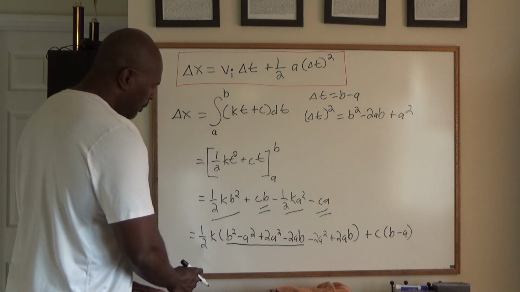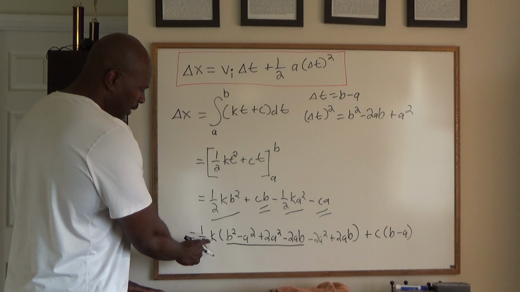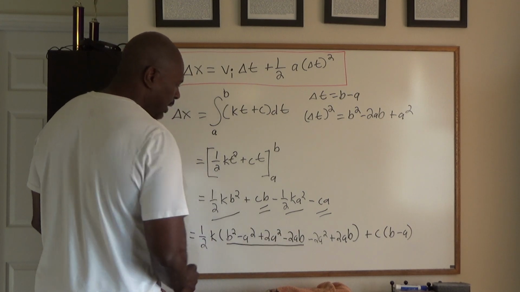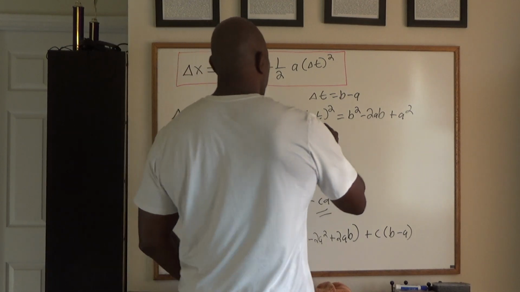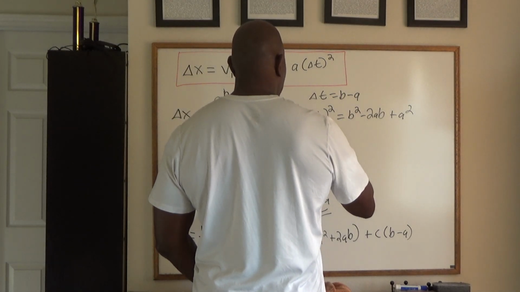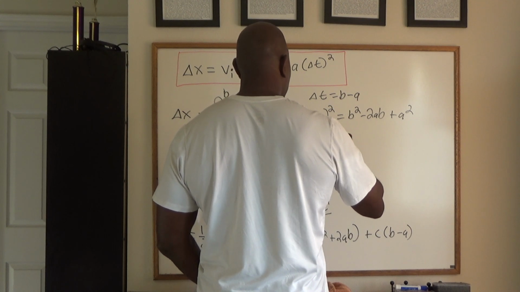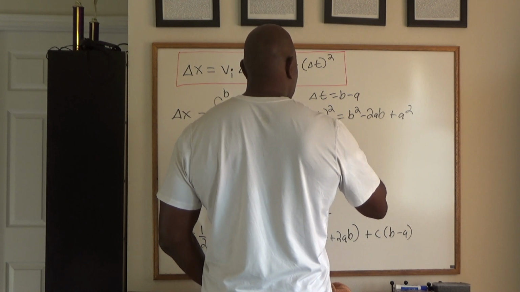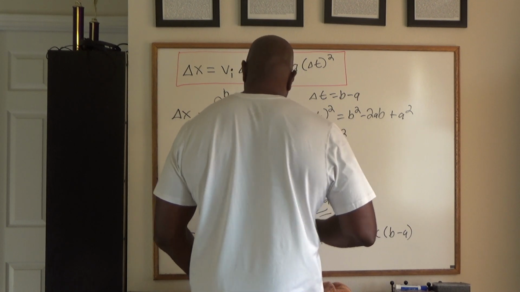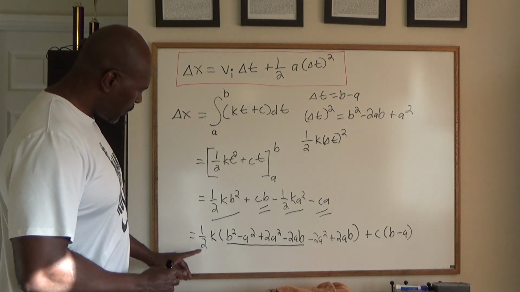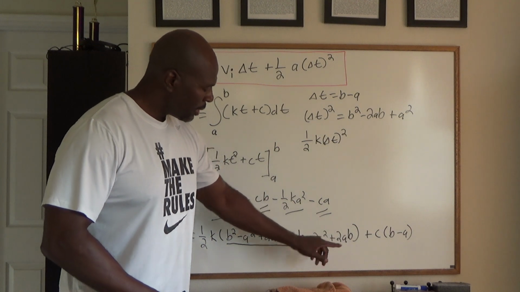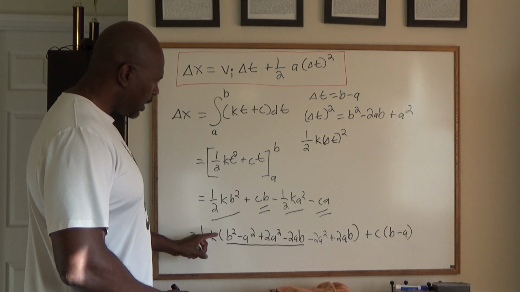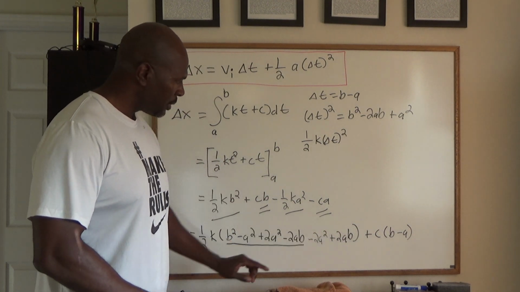So let me write that. So I have 1/2 k, and again, I just write this how it's written in physics. I'll write this as delta t squared. So 1/2 k times delta t squared. But I also have 1/2 k times these two guys. So I'm going to go ahead and multiply the 1/2 k times these two.